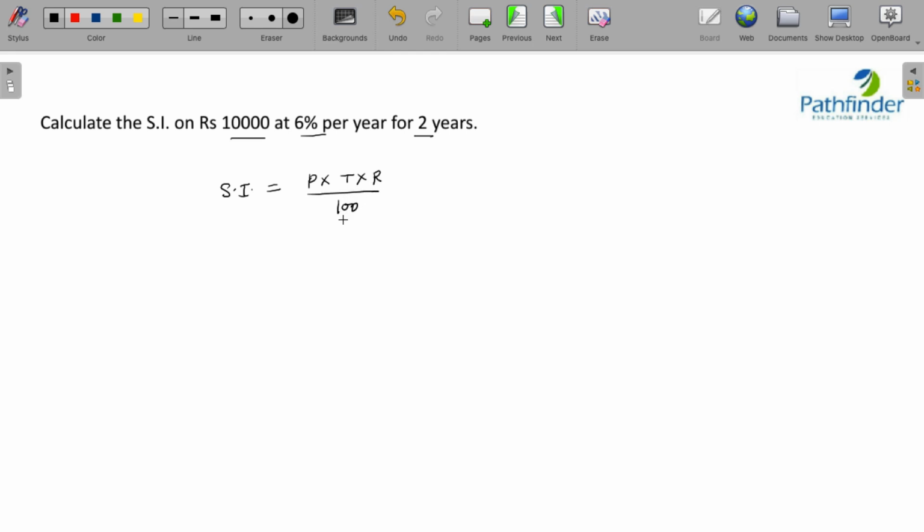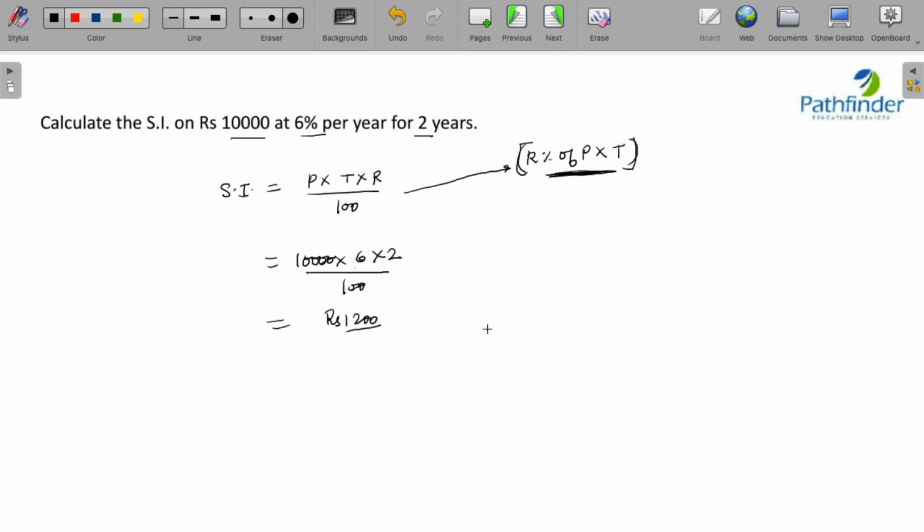And you should always remember that this is nothing but R% of P into T. So the formula is nothing but rewriting this particular expression, R% of P into T. So your principal is 10,000 multiplied by 6 into 2 upon 100. So 100 cancels, and you get rupees 1200 as the simple interest.